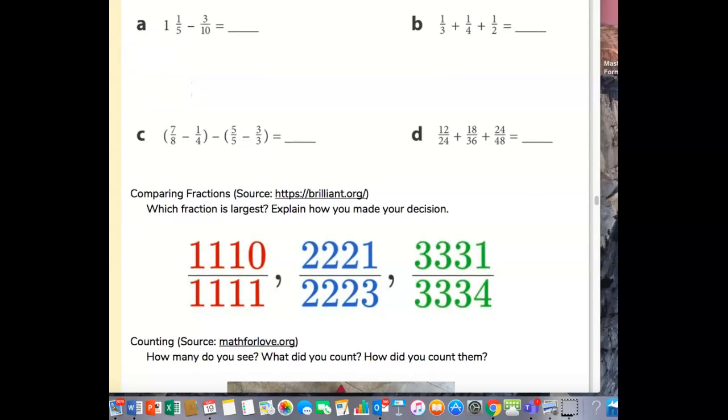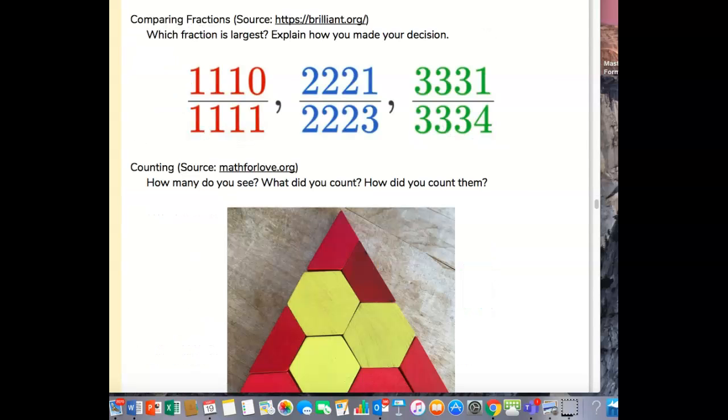All right, let's see this one now. Okay, guys, well, this is an interesting one, isn't it? So one way to do this is to divide. So if you have your calculator there, go ahead and put in your calculator 1110 divided by 1111, and you will get, let me write this down for you so that we can compare them together.